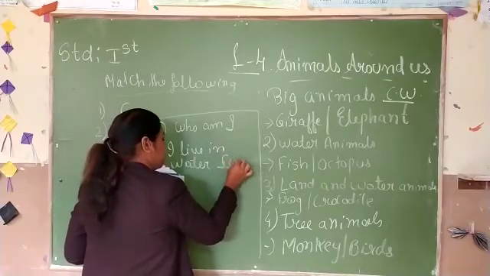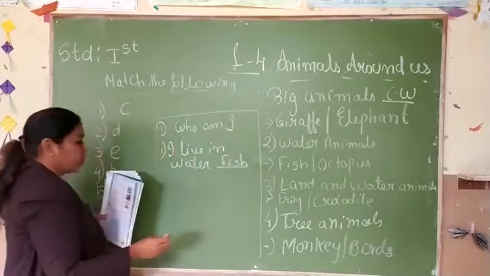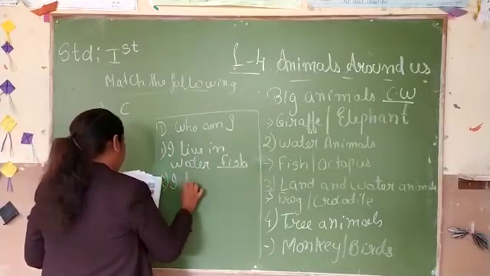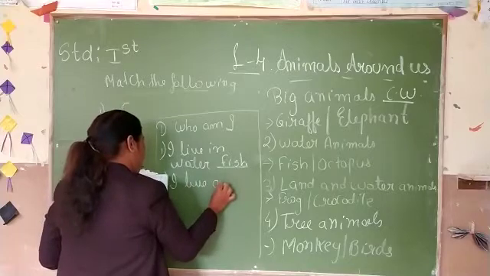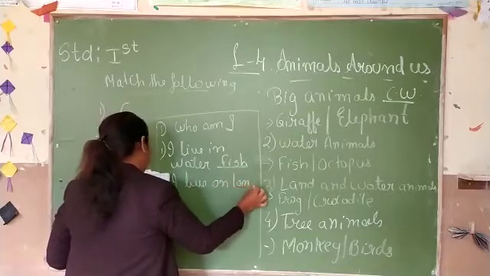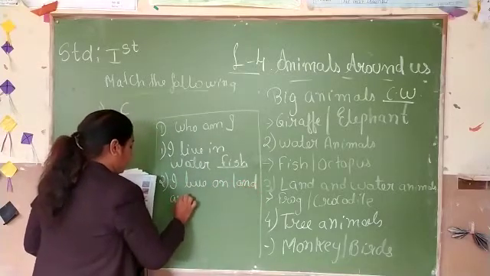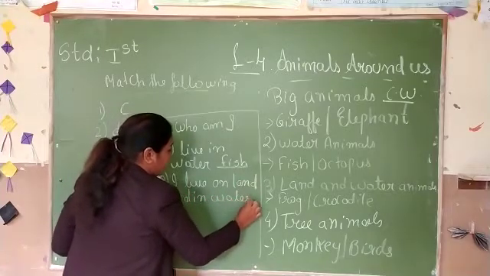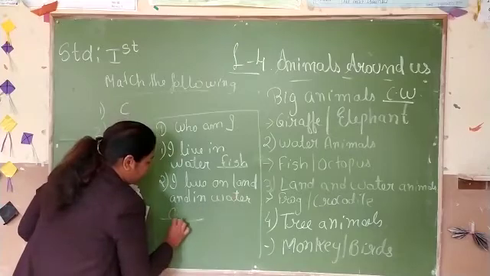Answer is fish. Second, I live on land and in water. The answer is crocodile.